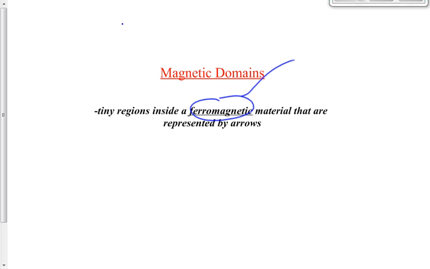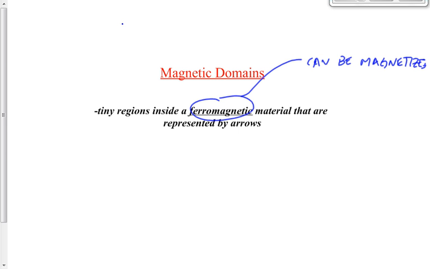A ferromagnetic material is a material that can be magnetized. It's not magnetized right now, but it can be magnetized. For example, the leg of your desk isn't a magnet right now. It's just a piece of steel. But that piece of steel can become magnetized.